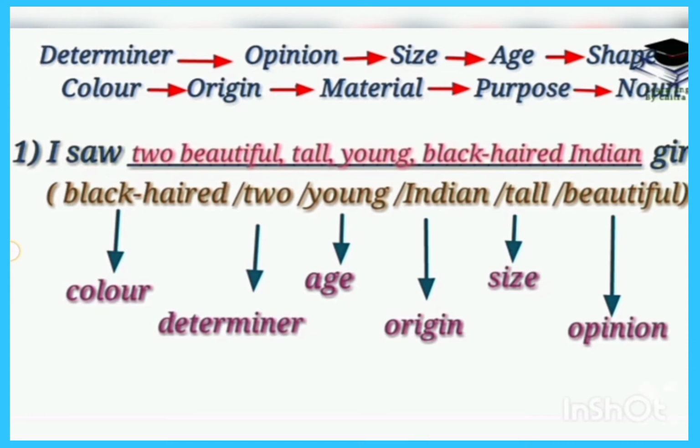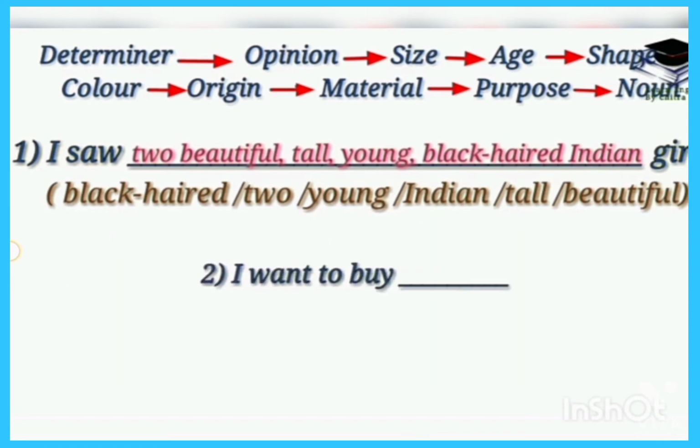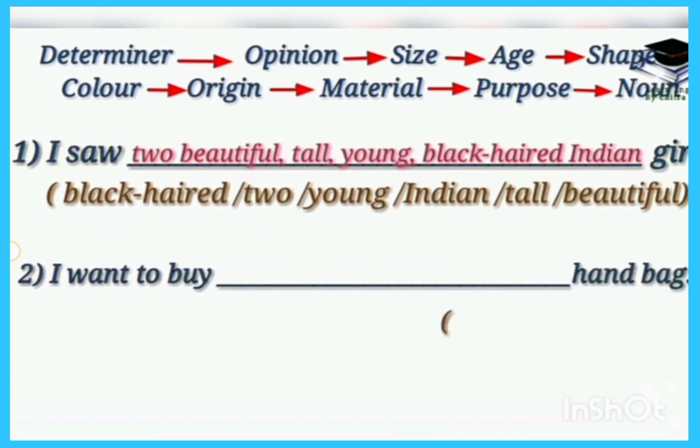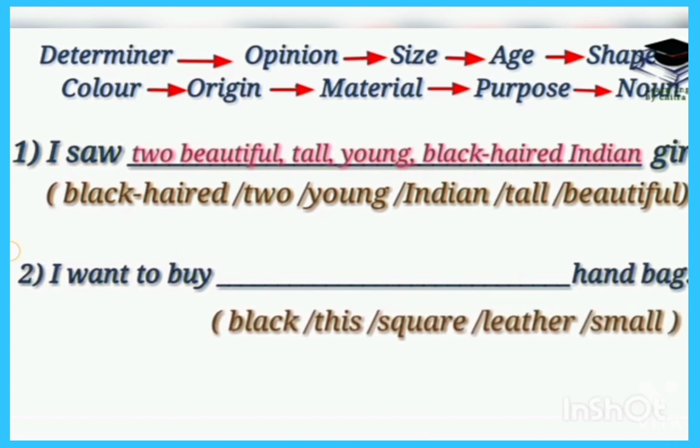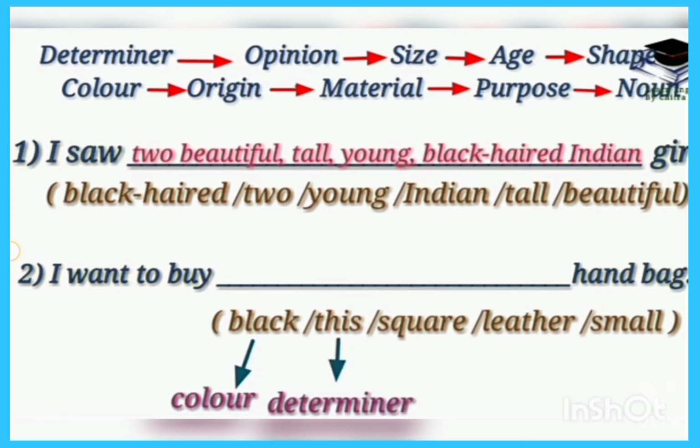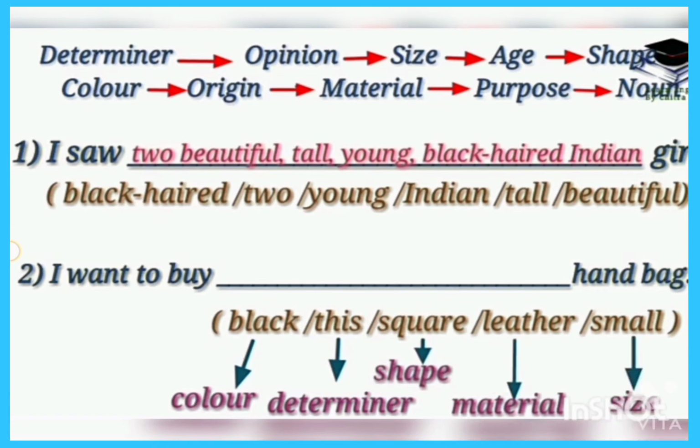Now coming to the second sentence. I want to buy dash handbag. Black, this, square, leather, small. In this case, black is color, this is a determiner, square is shape, leather is material, and small is size.